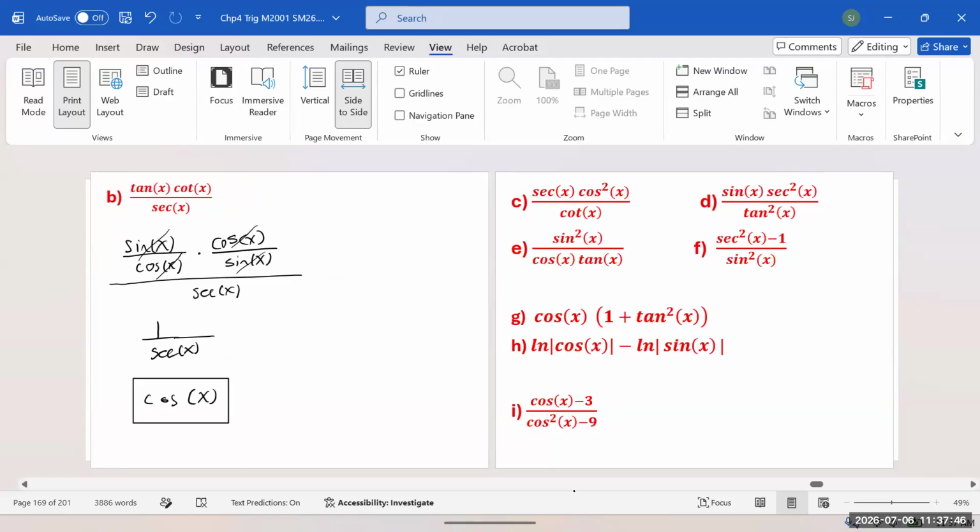Okay. Now we have 1, 2, 3, 4, 5, 6, 7. Try them. Enjoy them, actually. These are fun. So try to use all the identities I just gave you, and also for ln, think about the logarithmic properties.